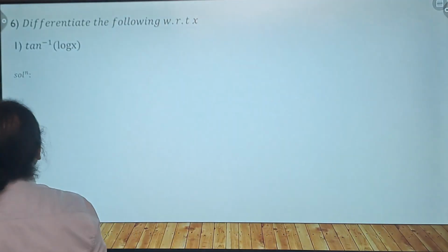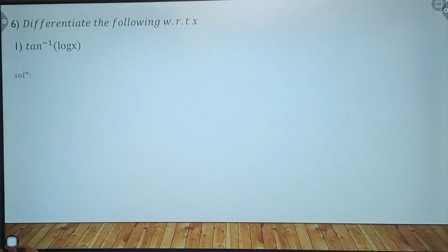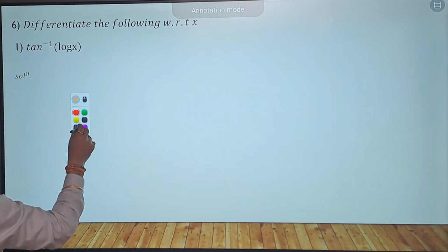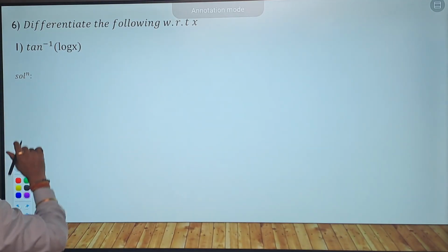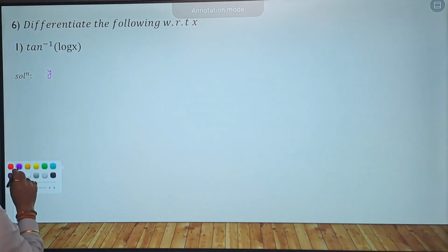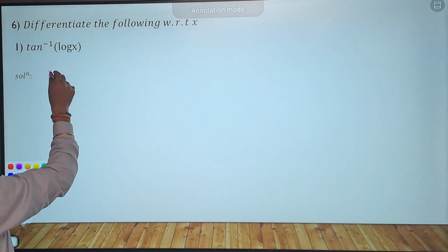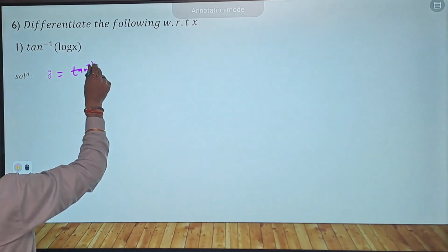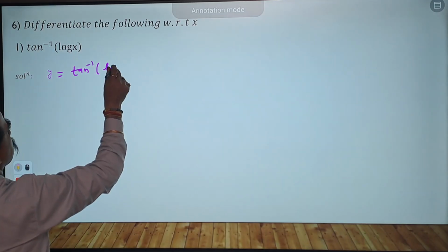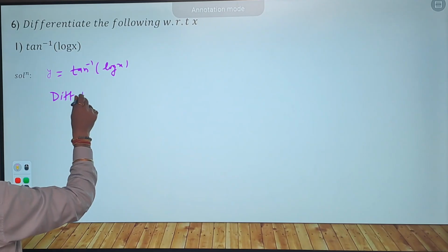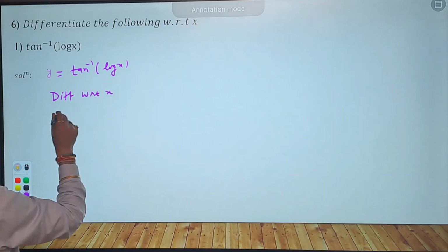Next type is what? Differentiate the following with respect to x. y is equal to tan inverse log x. Differentiating with respect to x.